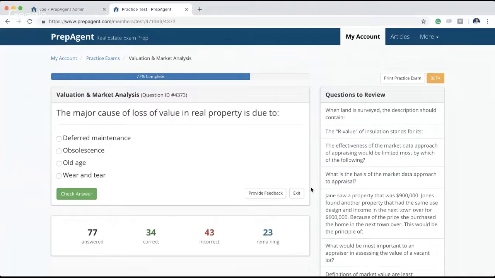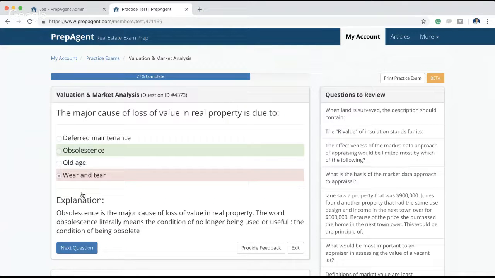What do you guys think? Obsolescence. Okay, economic obsolescence. Remember, reasons for things are outside the property lines. Obsolescence.